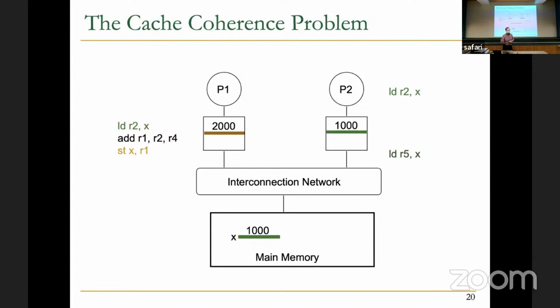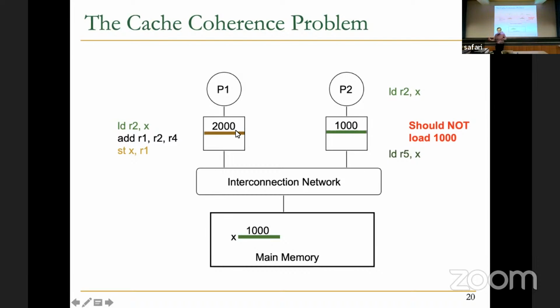And then processor 2, assuming that there's some synchronization that happened, which I'm not showing over here, loads that location again. At that point, it should not load 1000, right? Makes sense, right? Again, this is assuming that there's some synchronization that happened in between that requires that processor 2 should get the updated value, right?